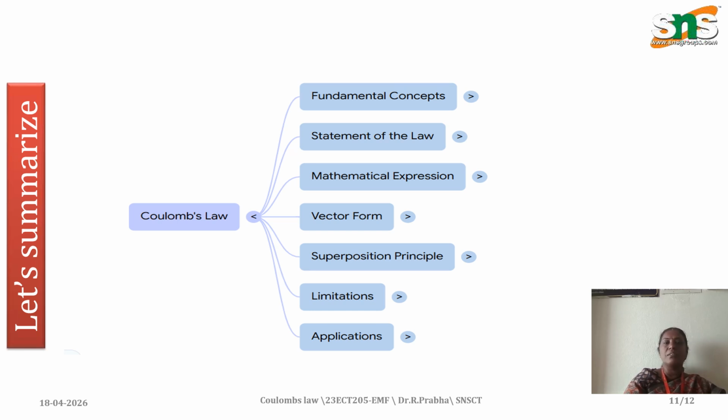We have seen the superposition principle, its limitations, and how important the superposition principle is in the static electric field, and also the various applications of Coulomb's law. Coulomb's law plays a very important role in electromagnetic fields for finding the force. If we find the force, we can easily obtain the electric field, and if we obtain the electric field, we can calculate electric flux density, potential, everything.